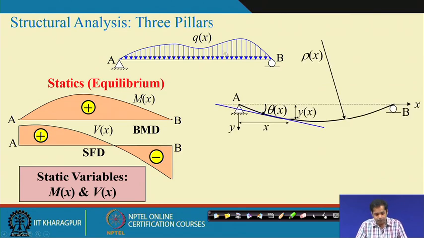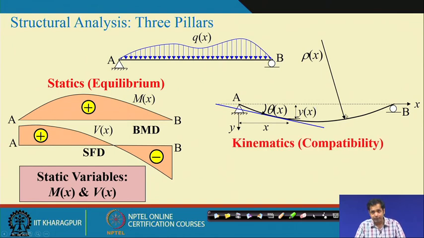Now, suppose under this load the beam deforms like this. The deformation at point A is a rotation theta a, at point B there will be another rotation theta b, and at any arbitrary distance x from A the deflection is y. Now, theta a, y and theta b should be such that the conditions of continuity that the beam must have are satisfied by these deformation variables.